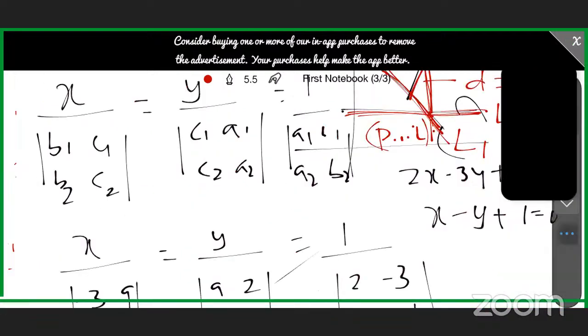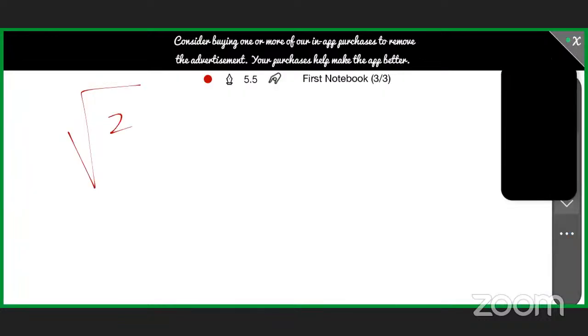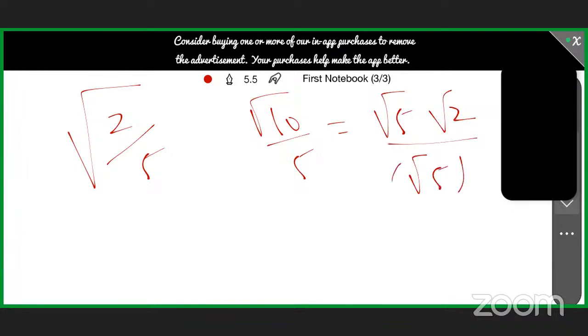So yes, the whole thing should be under root of 2 by 5, because what I got is root 10 by 5. So I can write this one like this: root 5 into root 2 divided by root 5 whole square. One root gets cancelled. Left out is root 2 by root 5.